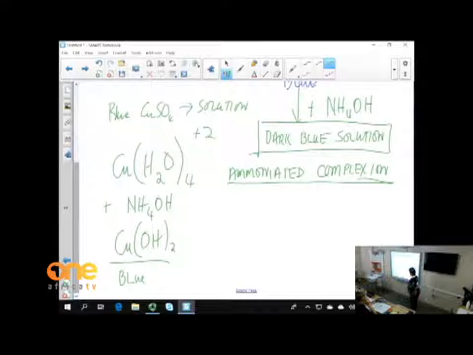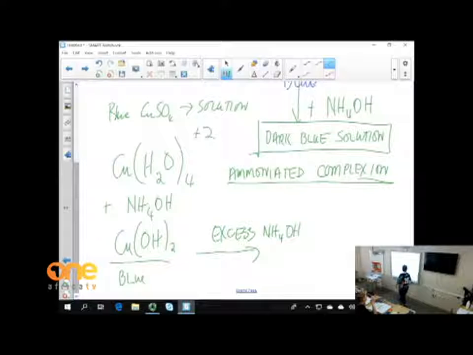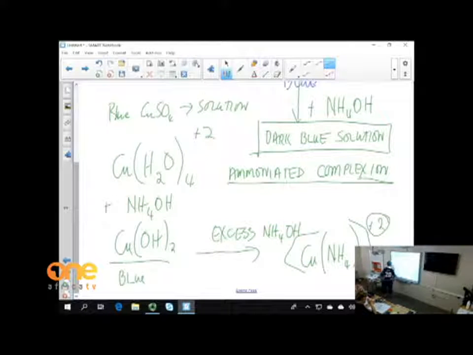When I add excess ammonium hydroxide, I get the ammoniated complex ion, and this is the copper 2 plus ion, but it now bonds onto the ammonia. There's 4 of them, and we have the plus 2 ion. This is in your textbook. They actually put this whole thing in a bracket because the charge is applicable on the whole thing.